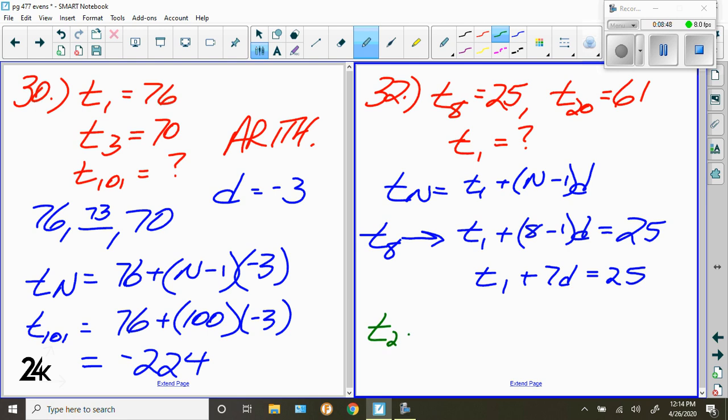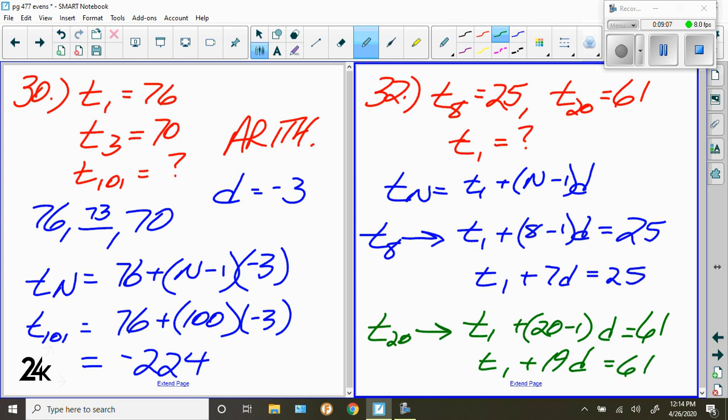So for the 20th term, it would be the first term, no clue what it is, and then 20 minus 1 times d, but I know what that answer is, 61. So that would be the first term plus 19d equals 61.